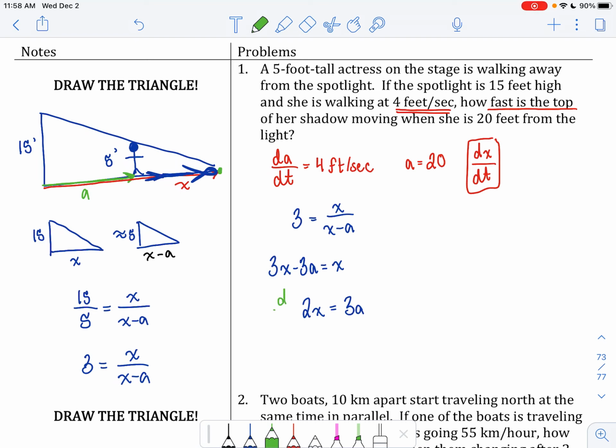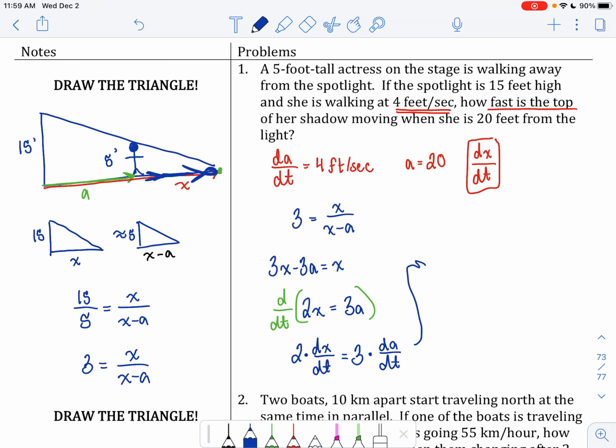You could do more from here. I'm going to just take d/dt, since it's a related rates problem, of both sides. The derivative of 2x is 2, then dx/dt. The derivative of 3a is 3, and then dA/dt.